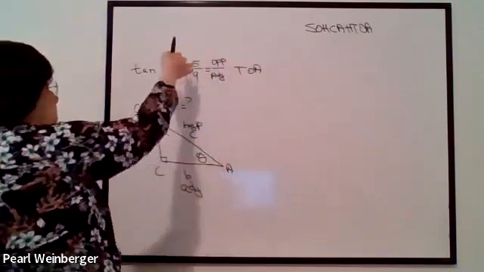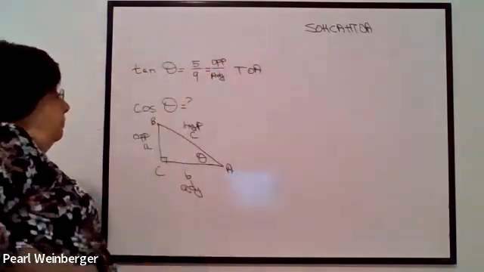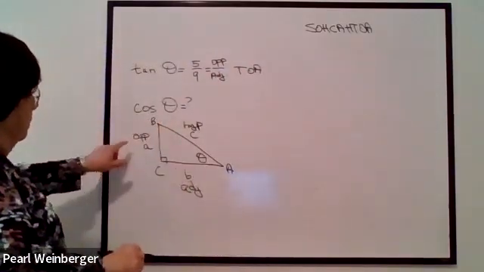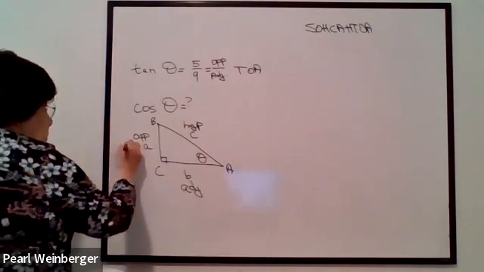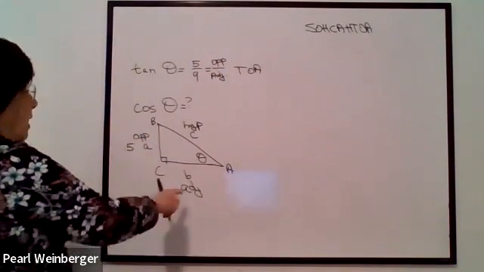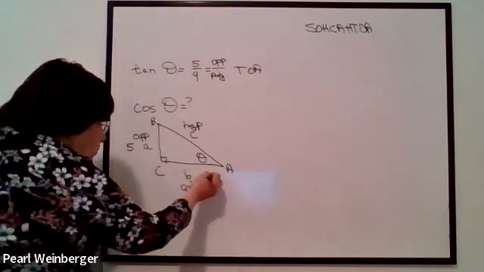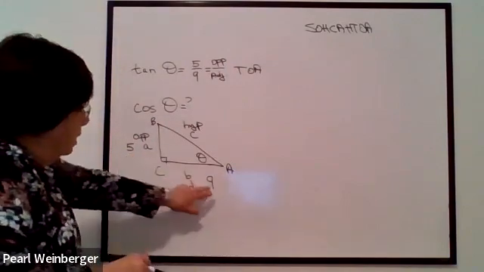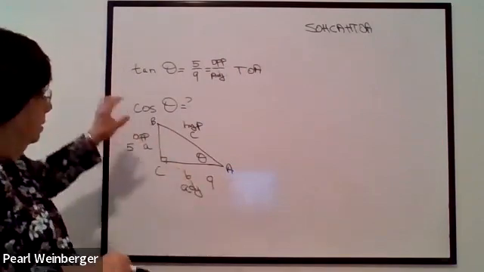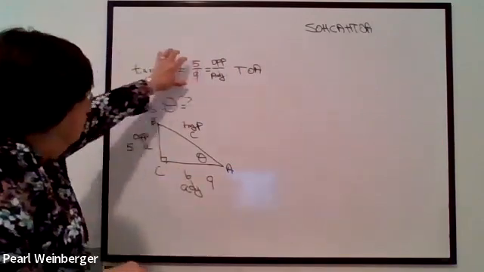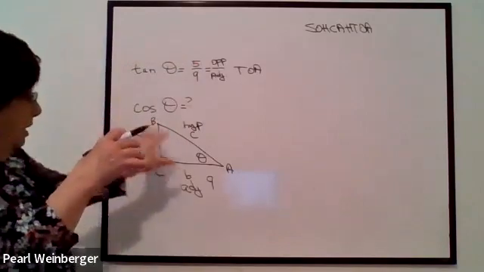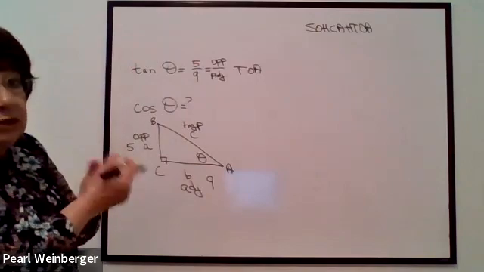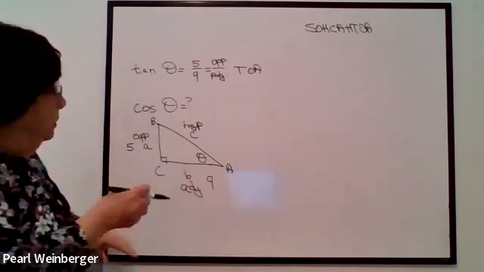In other words, by telling you that the tangent of theta is 5/9, I'm telling you in this triangle, the opposite side we can call 5, and the adjacent side we can call 9. So we know two sides of the right triangle. That's the point of telling us what the tangent is instead of giving us the sides on the triangle, which is essentially telling us two sides.